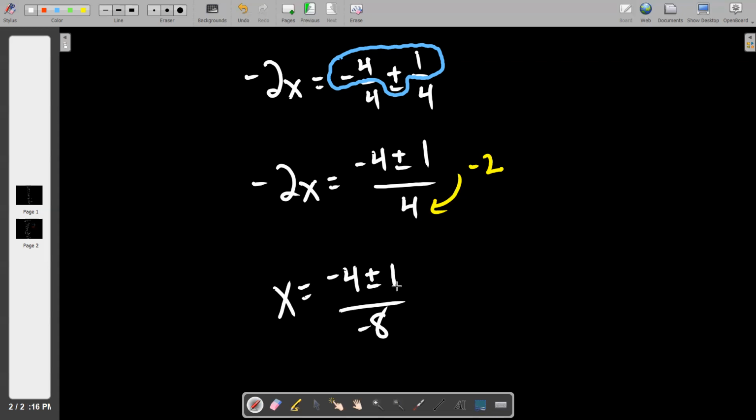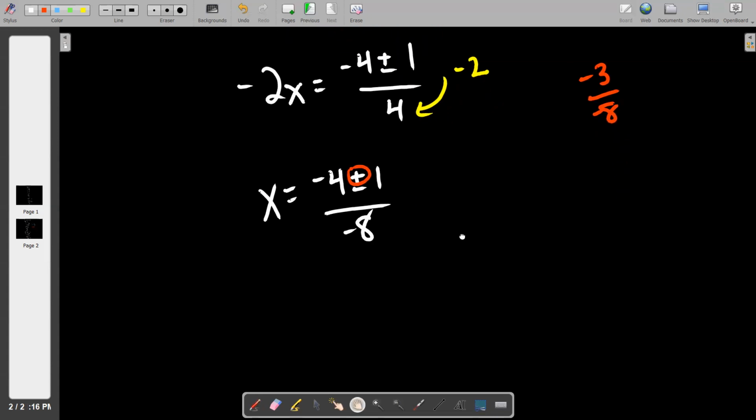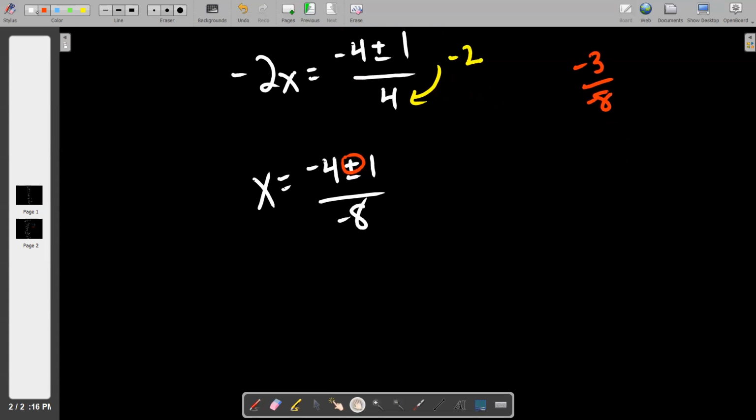beautiful. And now it's time to just hope and pray if I make it this far. I don't want to botch the second grade arithmetic. Please help me. Here we go. -4 plus 1 is -3, which I have to divide by -8. What is the acceptable version of that answer? It is just +3/8.